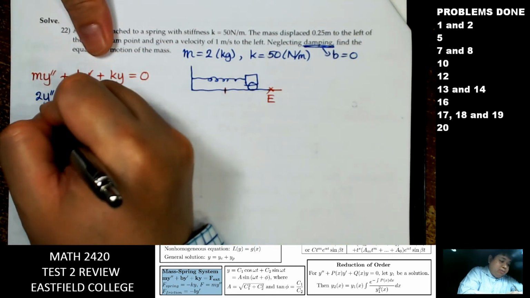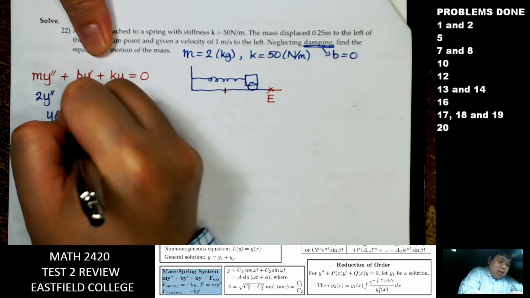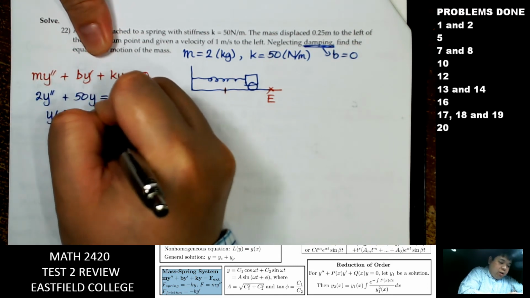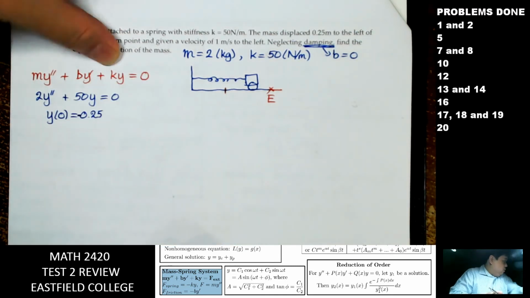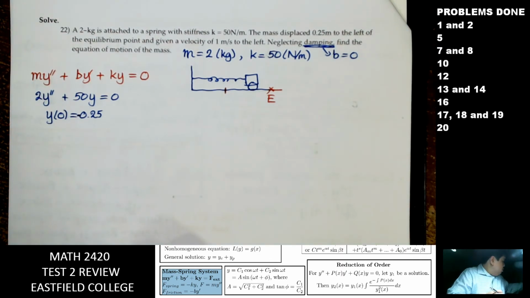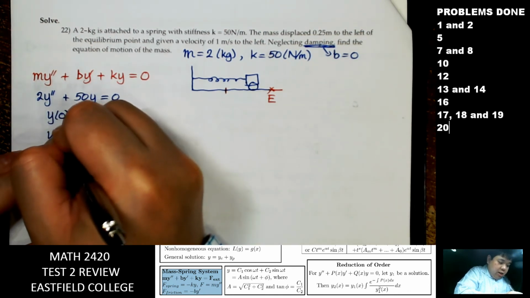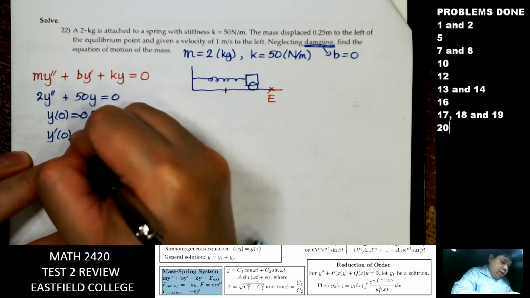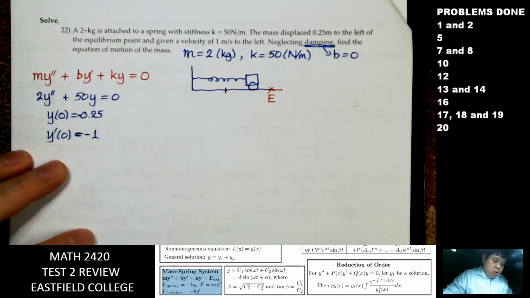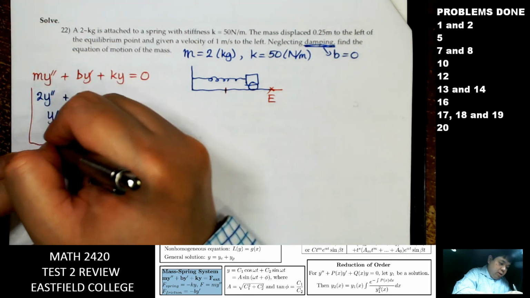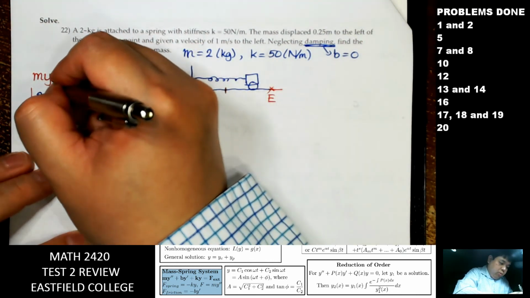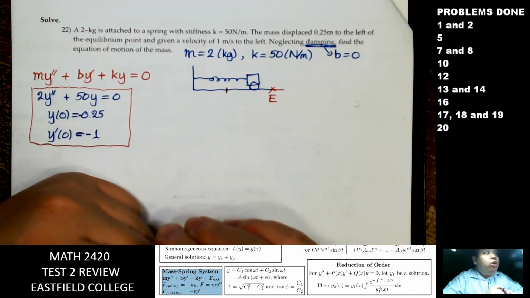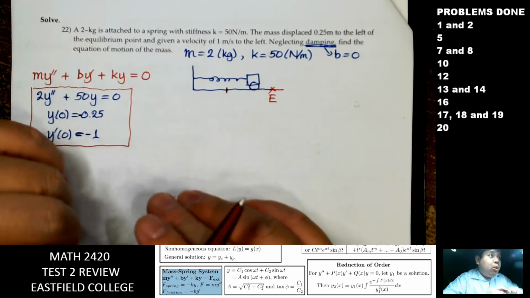So we say that initially it is 0.25 on the left, so it has the negative. And the velocity, it is also to the left, is negative 1. So we will have this problem. It's pretty simple to solve, so we don't need to solve it, but that's how we set it up.